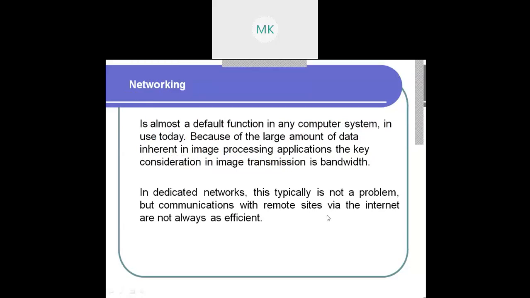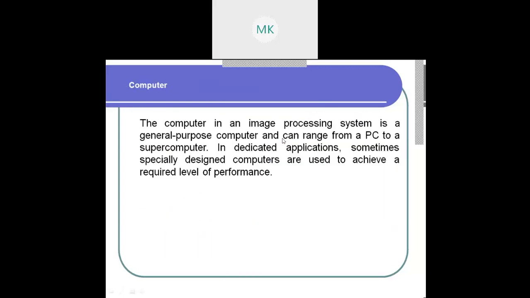In dedicated networks this typically is not a problem, but communications with remote sites via the internet are not always as efficient. So all these are about the components of image processing system.